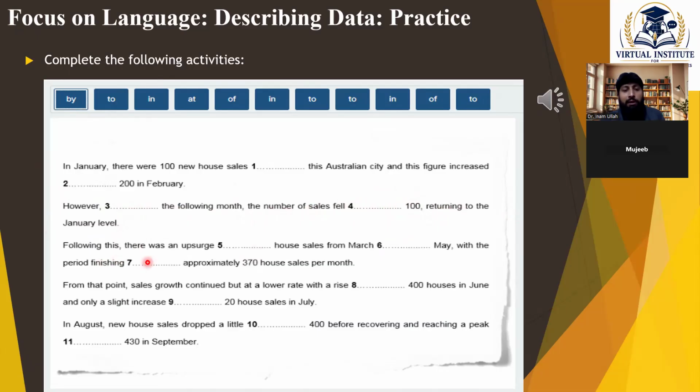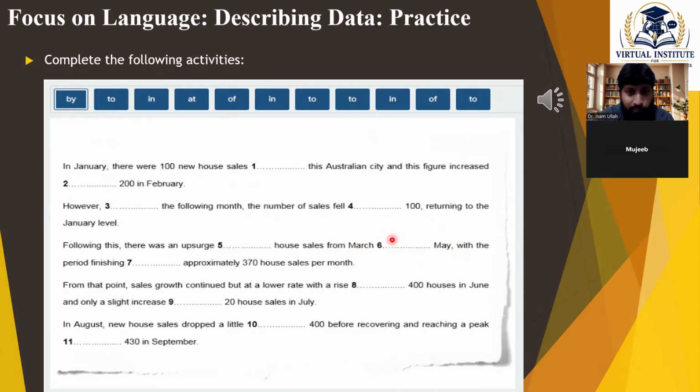Okay. Following this, there was an upsurge dash house sales from March. So there was an upsurge of house sales from March, right? Then dash May. From March dash May.